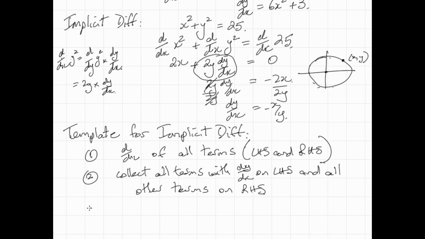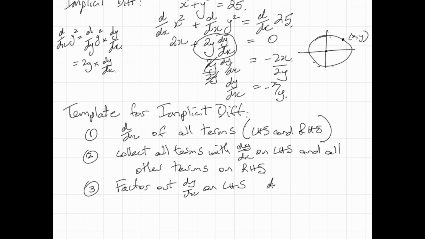Step number 3 is factor out dy dx on the left hand side. So you'll have dy dx outside of something equals, and there'll be something on the right hand side. You could have multiple terms in there.